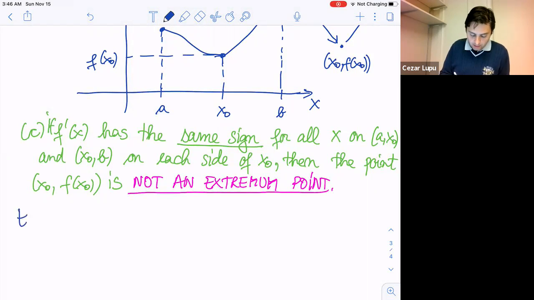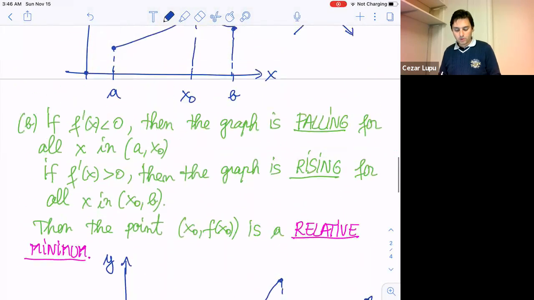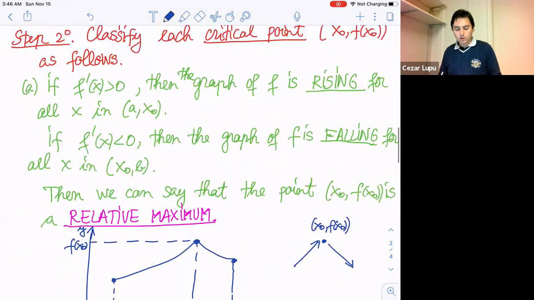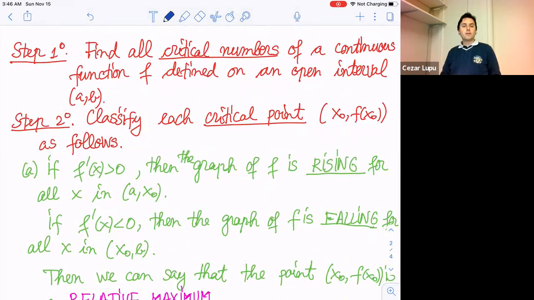I'd like to illustrate the first derivative test through an example. Like I said, before I do this example, I want you to look at it again. Step one, we need to find the critical numbers. Then once we have those critical numbers, we have to classify them by computing the first derivative and seeing how the graph is rising and how the graph is falling.